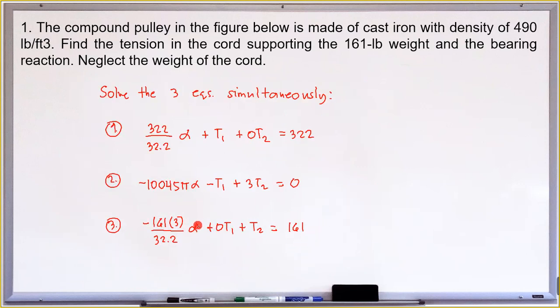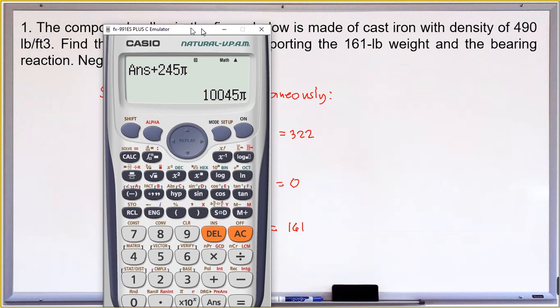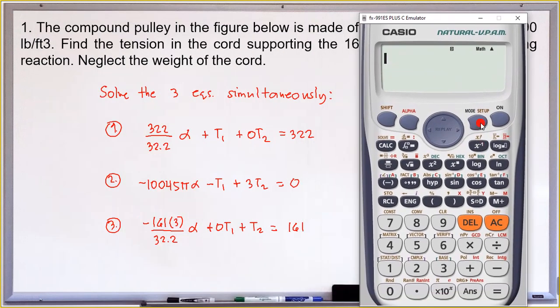So, we have three equations, three unknowns, then we can solve for T2 here. Using our calculator for three unknowns, so mode, tapos equation 5, and then choose number 2 for three equations, three unknowns. So, input 322 divided by 32.2, T1 is 1, 0 si T2, tapos 322.